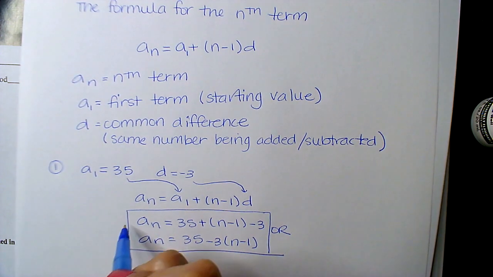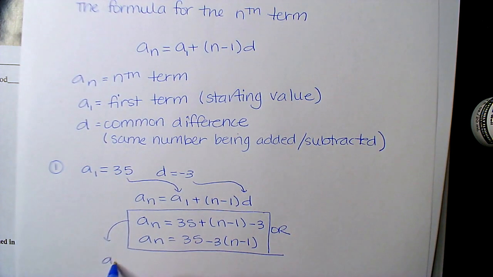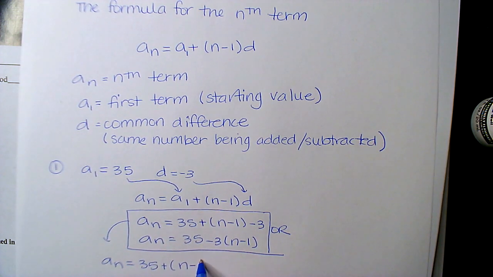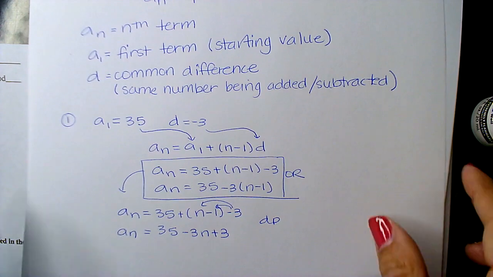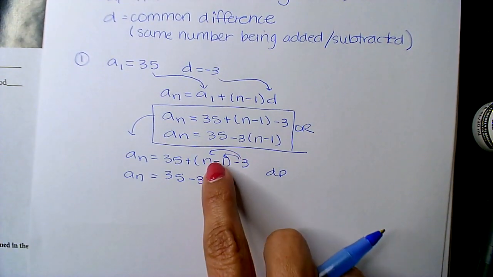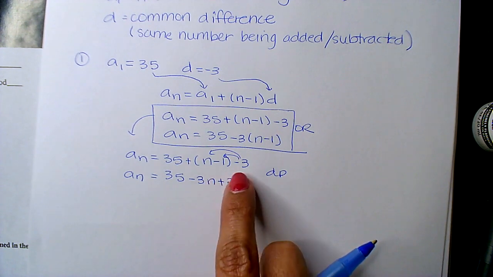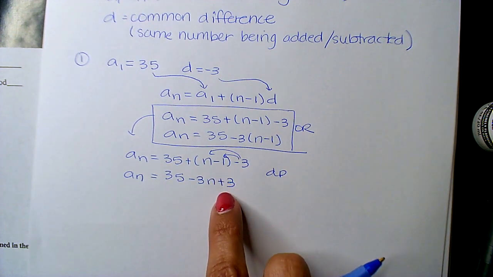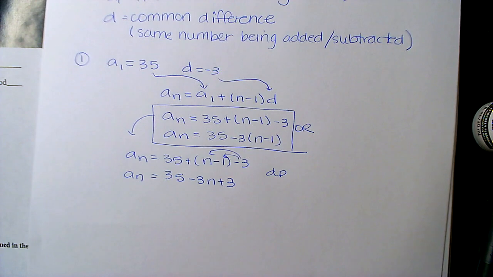So let me take this one, and I'm going to distribute this -3. So I perform the distributive property. -3 times n is -3n. -3 times -1 is +3.